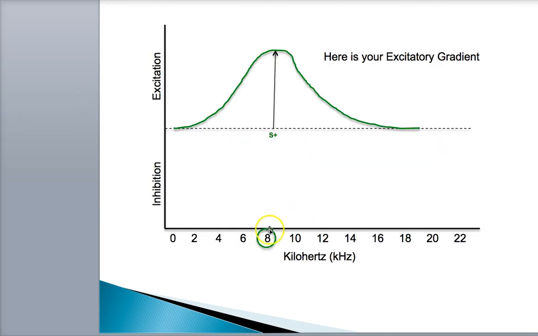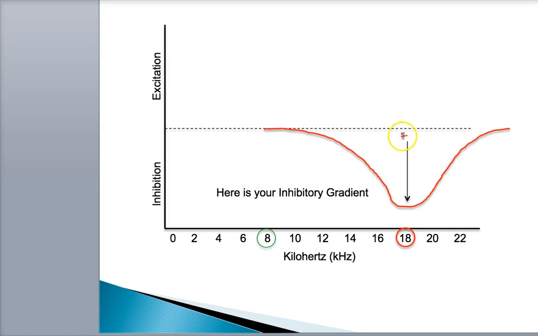All right, so here's your excitatory gradient. This is tones, and we've chosen 8 kilohertz as our S plus. So here's our S plus, and we get a peak over the S plus. Now we introduce an S minus, and the S minus is up here at 18 kilohertz. And so we have this tendency to not respond. Here we have excitation, here we have inhibition.